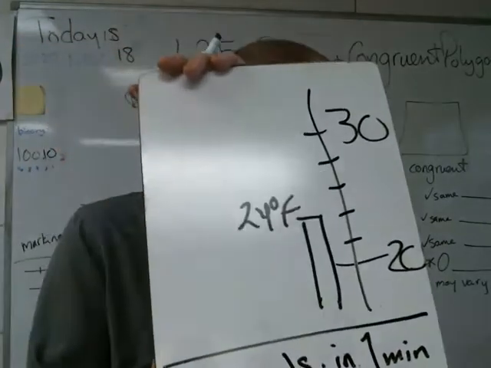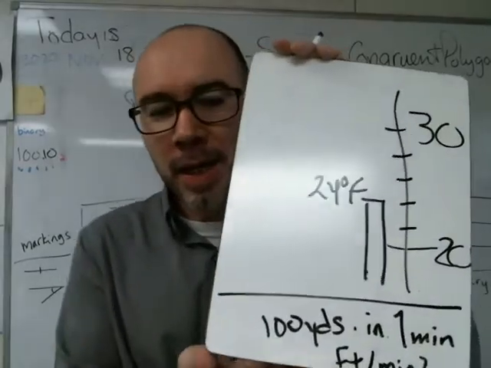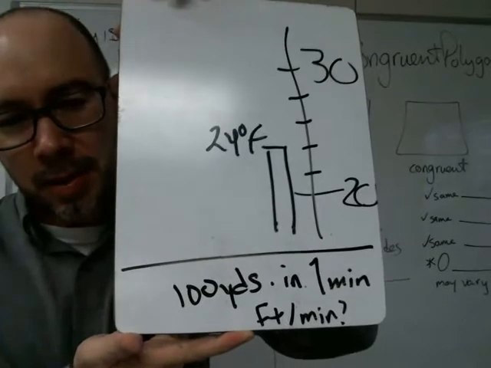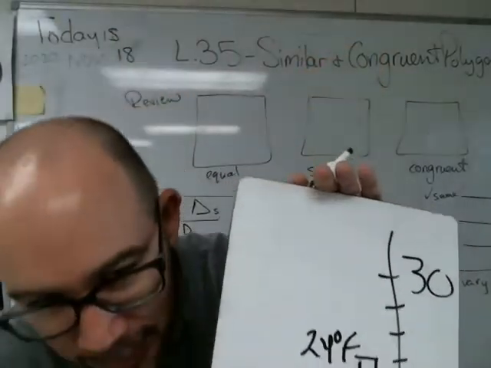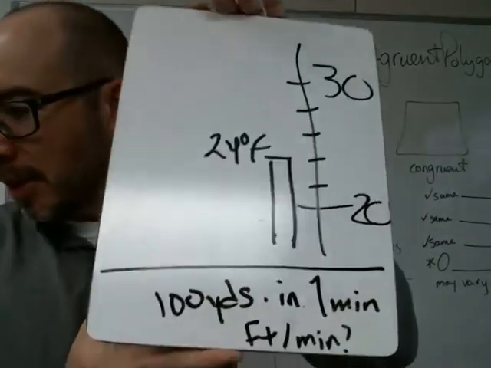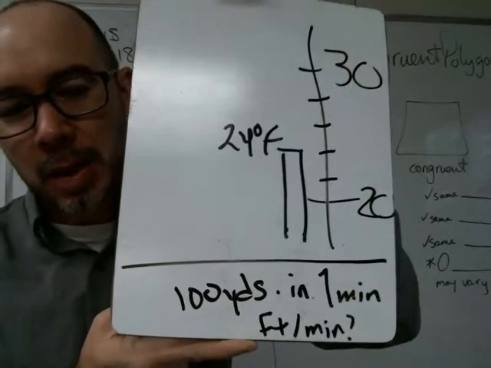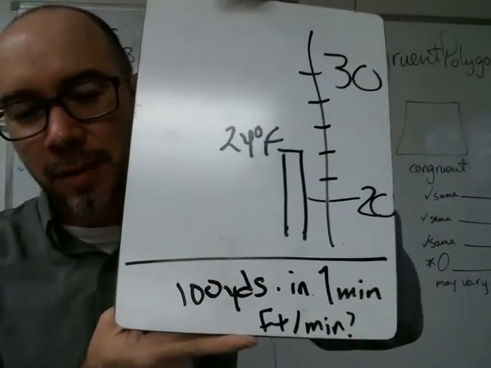Okay, the bottom one. What's her name? Mei Ling can go 100 yards in a minute. Yes, indeed. Mei Ling, we honor you. Well done. What would that be in feet per minute? So really, the only thing we need to do is to change that 100 yards into feet.